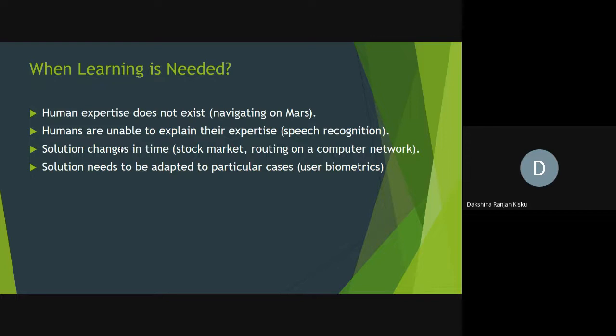Now here we see that when we provide solutions like classifying individuals based on biological traits, the algorithms need to be adapted to particular cases. Particular cases means if the algorithm is trained for recognizing persons in a controlled environment, then how will that algorithm understand an uncontrolled or degraded environment?